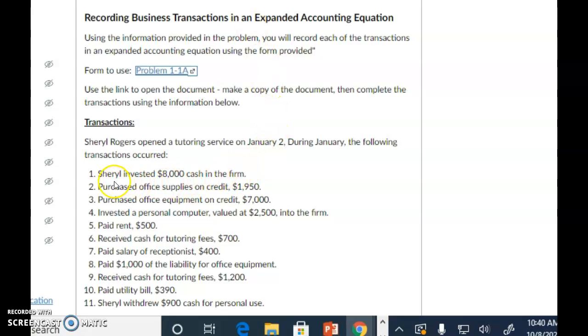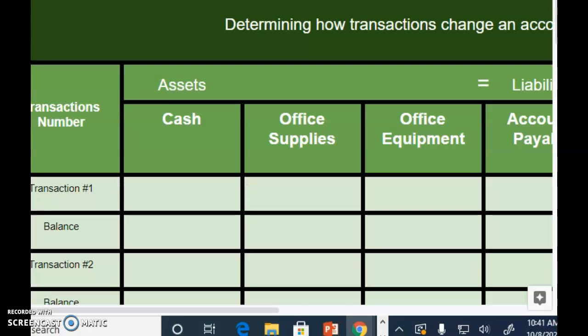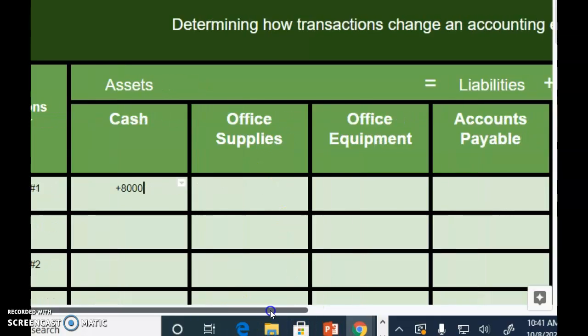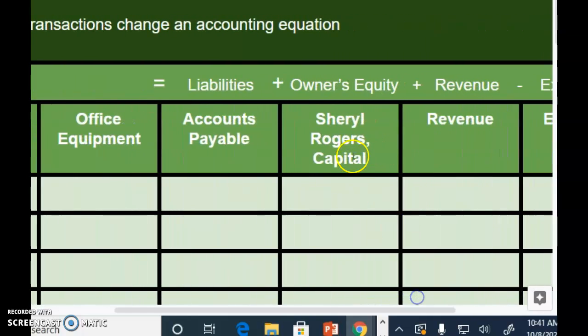So, let's go back to our problem. The first transaction is Cheryl invested $8,000 cash in the firm. So you would go back to your form, and she invested $8,000. It's going to be plus, because you are increasing an asset. And since she invested it, you are going to increase her owner's equity account.